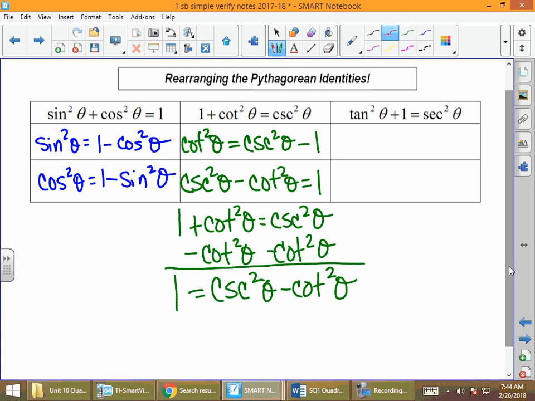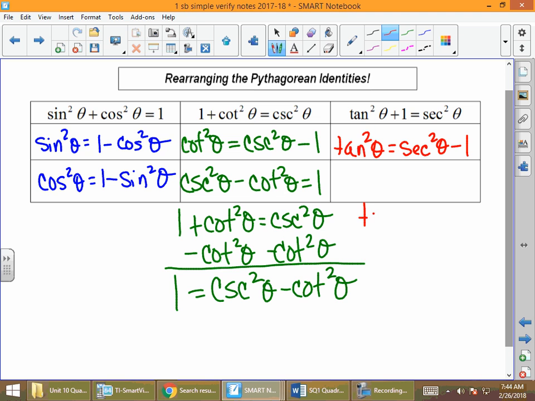It's the same kind of idea for our third identity, tangent squared theta plus 1 equals secant squared theta. We can subtract 1 from both sides, so we get tangent squared theta equals secant squared theta minus 1. Or we can do what we did on our second identity.